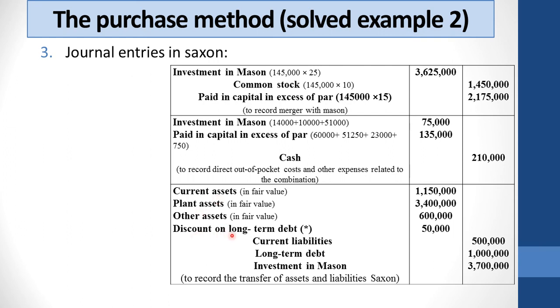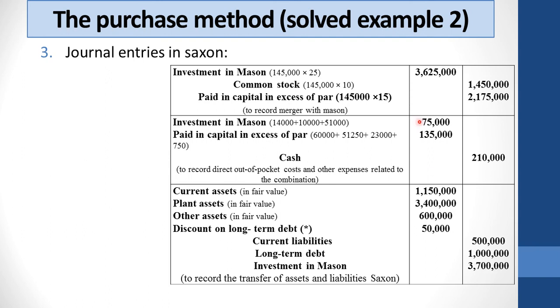And there is a discount on long-term debt of 50,000. You can place it on the debit side. And all the current liabilities and long-term liabilities of Mason will also be placed on the credit side in the journal of Saxon. And you're going to close the investment in Mason by 3,700,000.